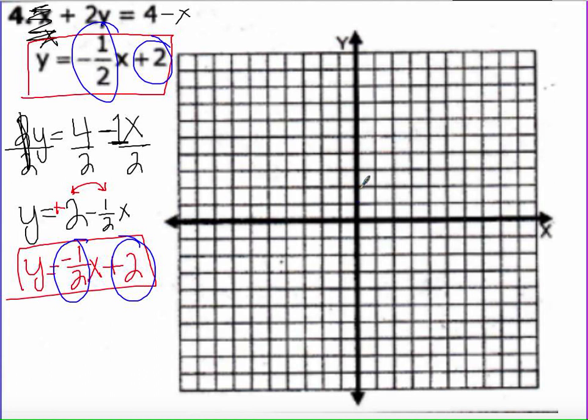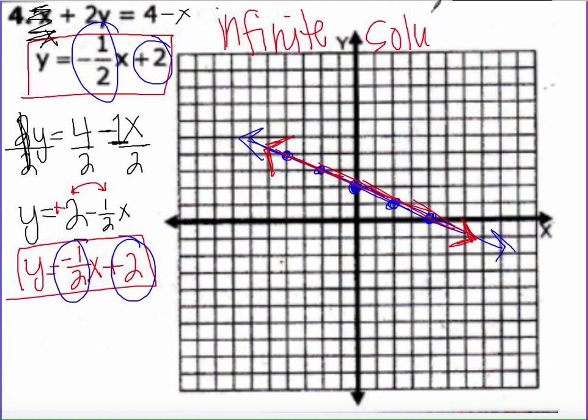On the graph, when I start at +2 and I use my slope of -1/2, going down 1, right 2, down 1, right 2, or up 1, back 2, I would see either just one line on the graph, or one line with double arrows showing that it's graphed on top of itself. But when it's the same equation, same line, that is infinite solutions. That means that they're intersecting at all points ever.